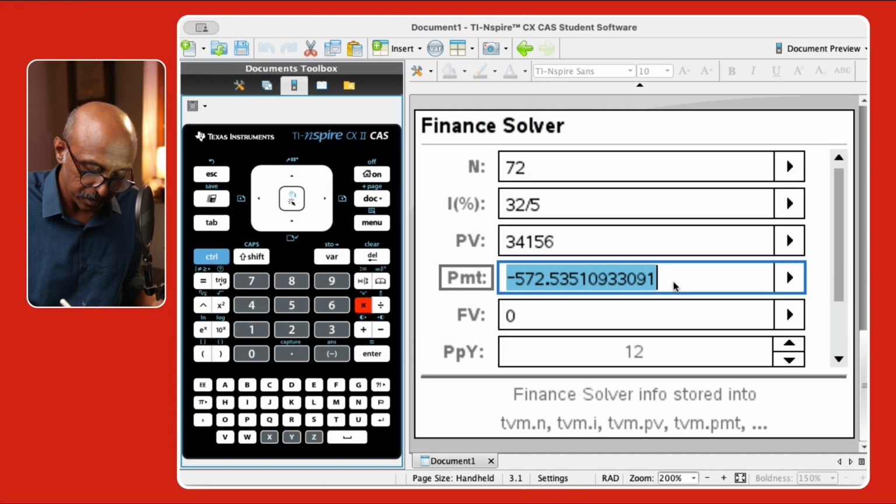Future value again is 0, and PPY, no change to that, 12. CPY, no change to that. And the payment at is end again. And after having written that, you can say monthly payment now. What's happening here? Again no space.